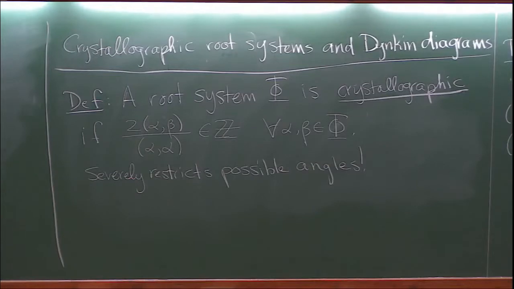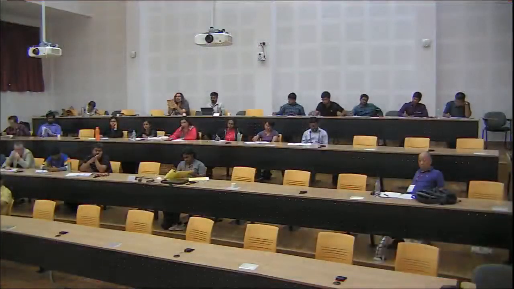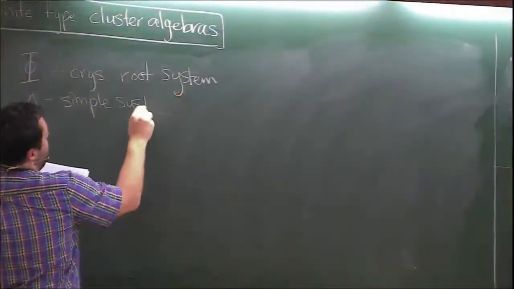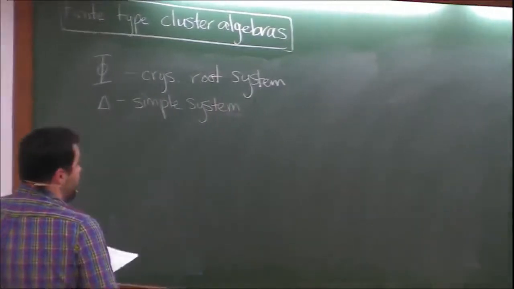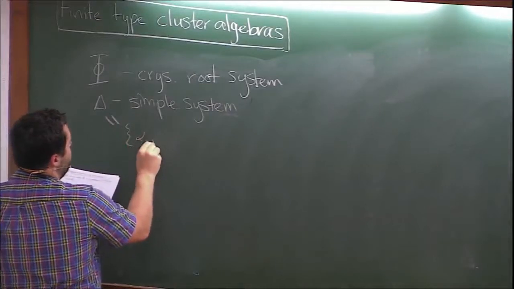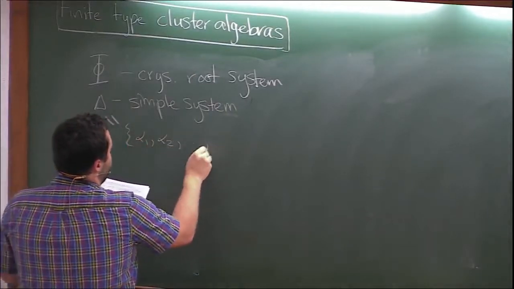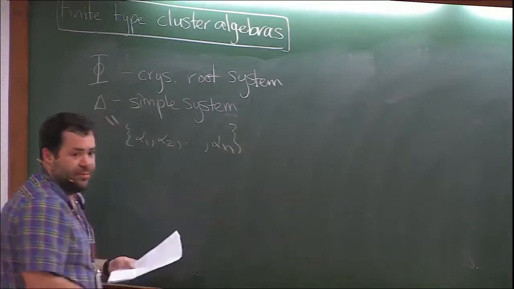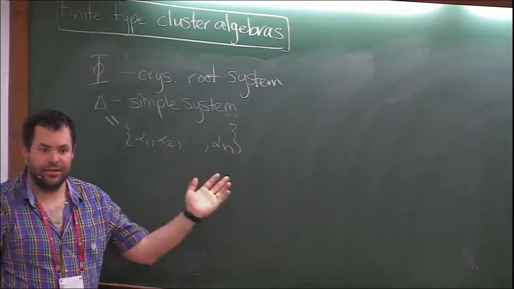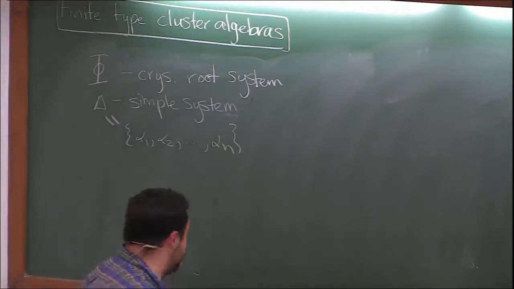It has these three conditions, one of which is that these things have to be an integer. And delta is a simple system, a collection of simple roots, which I'm going to call alpha 1, alpha 2, through alpha n. Just to remind you of the terminology, the rank of my root system is n in this case, because I have n simple roots.